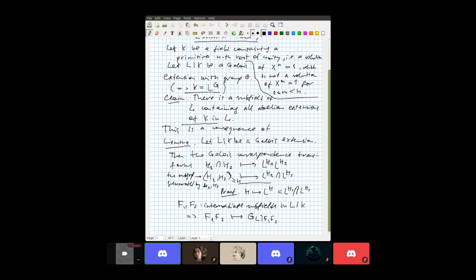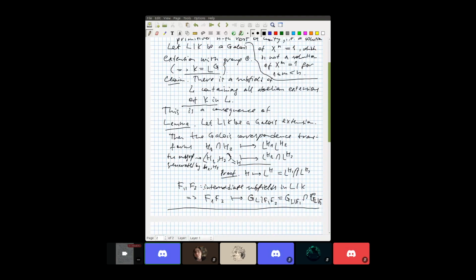This means that it consists of all elements of the Galois group identical on one of these subfields and identical on the other one. For trivial reasons, this is just the intersection of Gal(L/F1) with Gal(L/F2). And this is precisely what we want to have here, so this is H1 intersected with H2. This is trivial modulo the Galois correspondence.